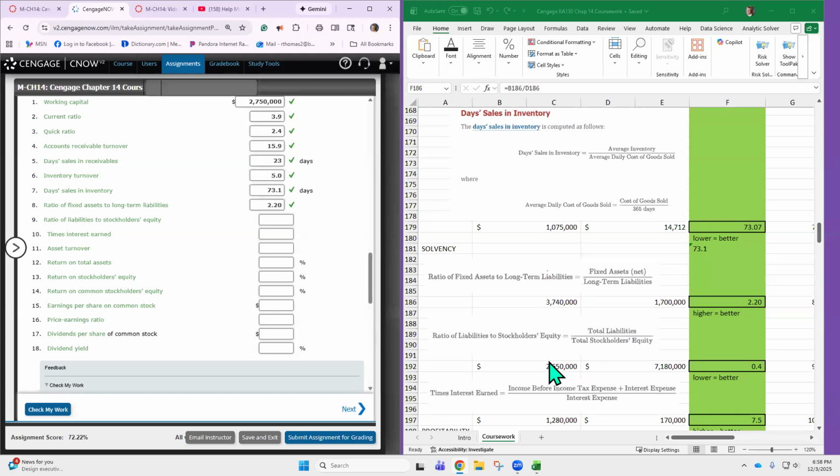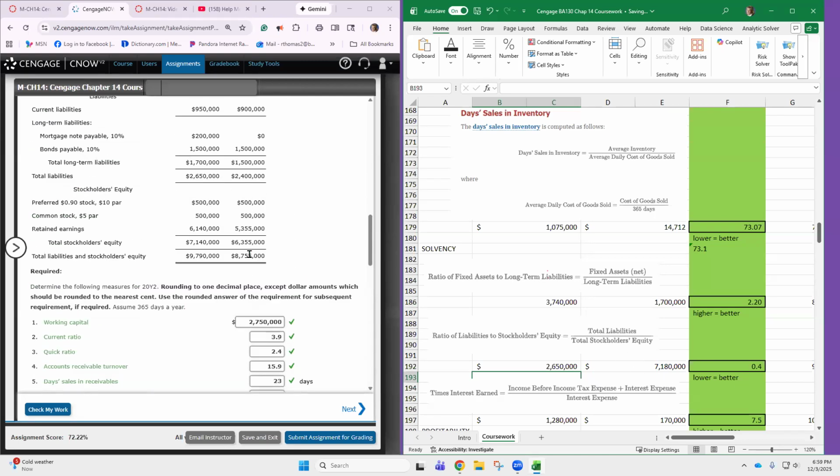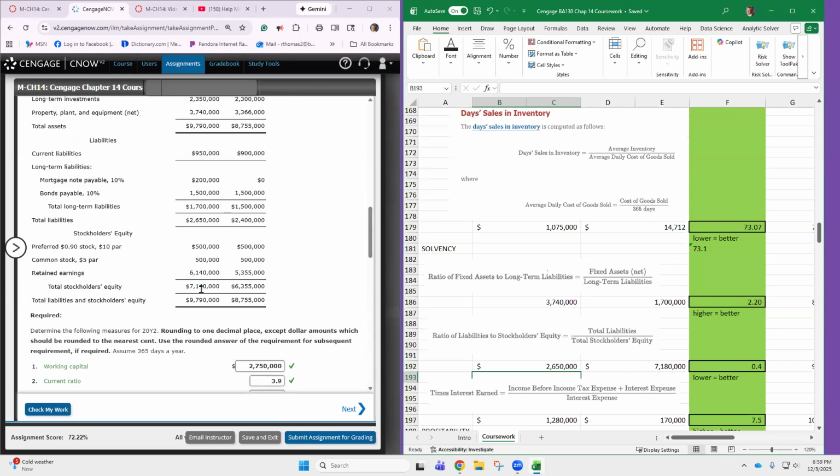Now we're going to do the ratio of liabilities to stockholders' equity. This is total amounts. So we're going to find total liabilities from the information that I just put in, and then total stockholders' equity. My liabilities in total are 2,650,000 divided by total stockholders' equity. So this is 1/2 of the balance sheet. We're taking the pieces of that half of the balance sheet and comparing it.